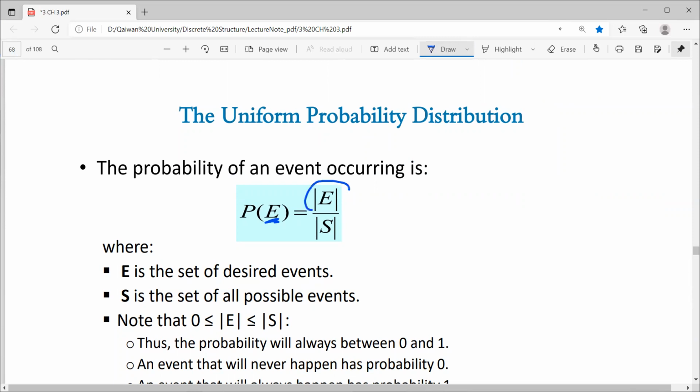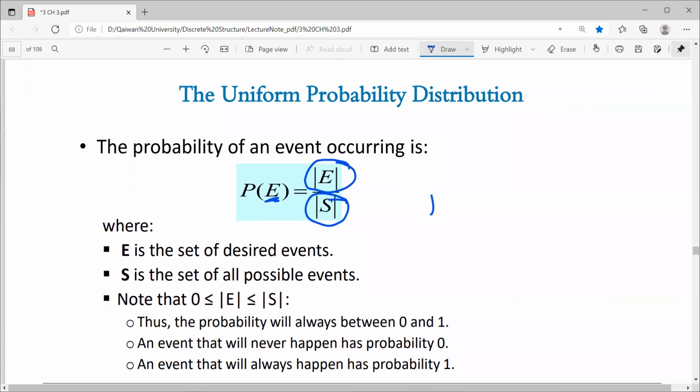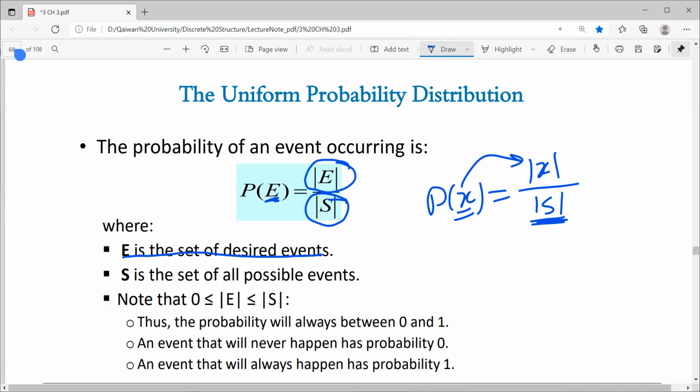The number of elements in E divided by the number of elements in S. It's anything: we divide the cardinality of this by the cardinality of the sample space. Here E is the set of desired events, and S is the set of all possible events.